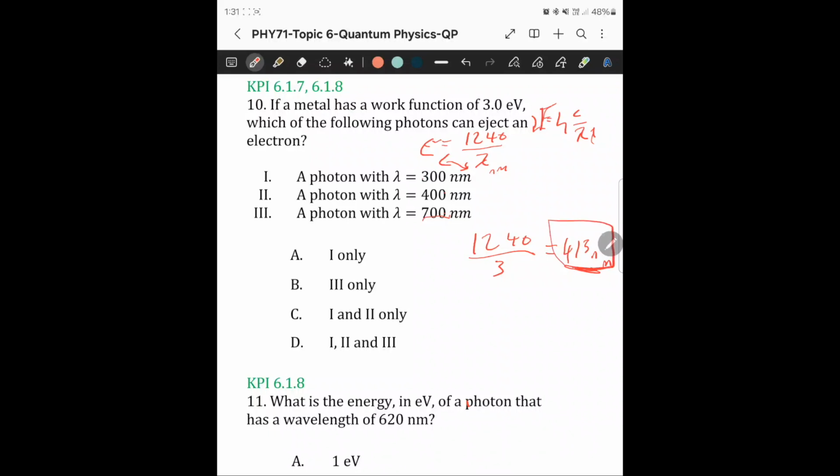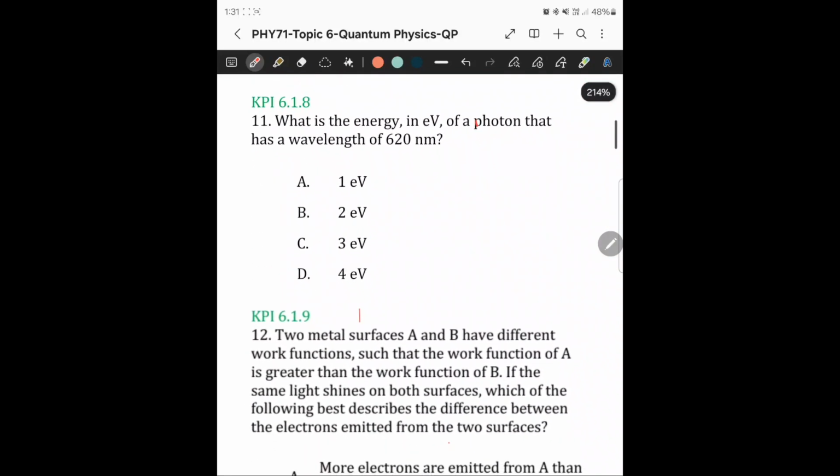I must have a greater frequency, but a smaller wavelength. So straight away, I can see that this one and this one are smaller, which means they will have more energy that I need. I need the equivalent of 413 nanometers. These two are good. This is higher wavelength, which means less energy. This is not good. So in this case, we can say this is the best answer, C.